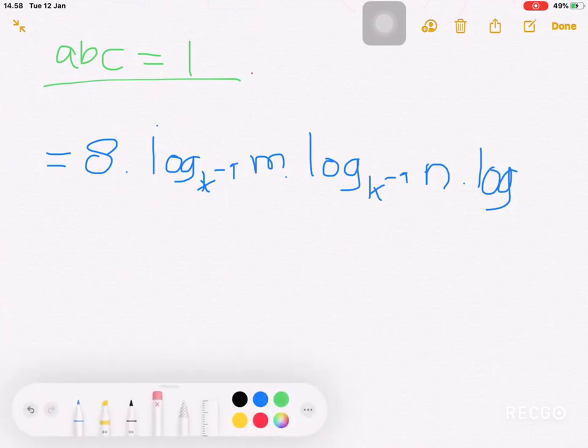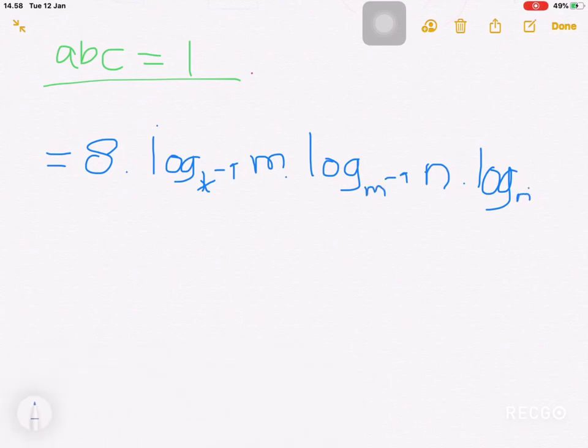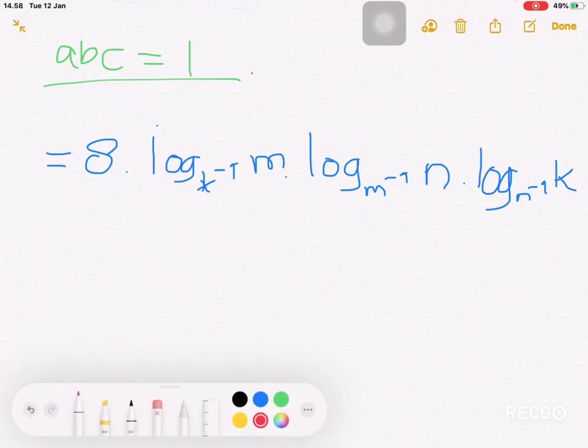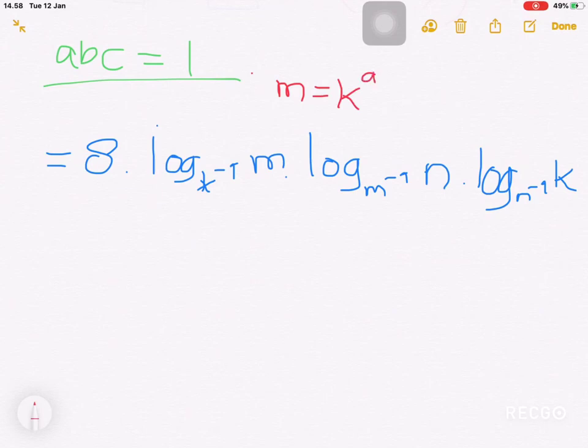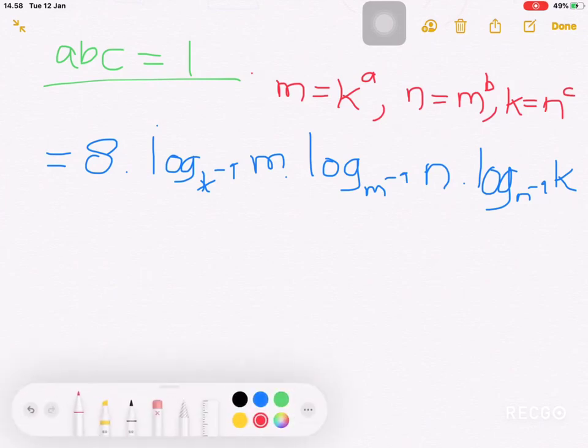Okay, so I've rewritten the equation. Now we're going to recall that m is k to the a and is equal to m to the b, and k is equal to n to the c. So I can substitute that in.